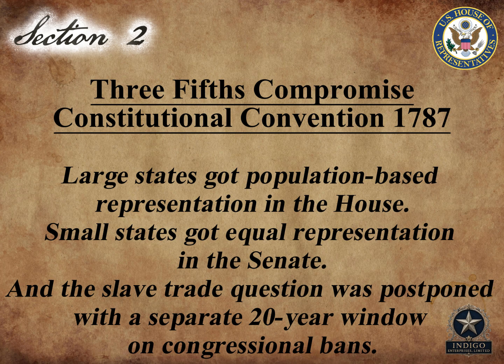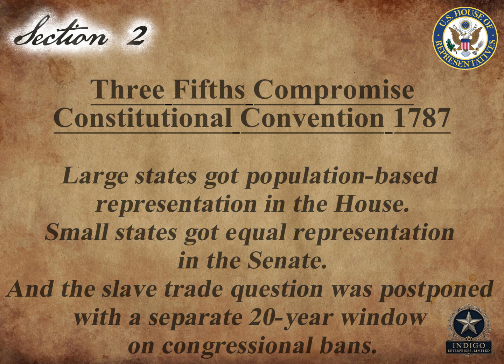At the convention, the 3/5 formula was part of a larger deal. Large states got population-based representation in the House. Small states got equal representation in the Senate. And the slave trade question was postponed with a separate 20-year window on congressional bans.